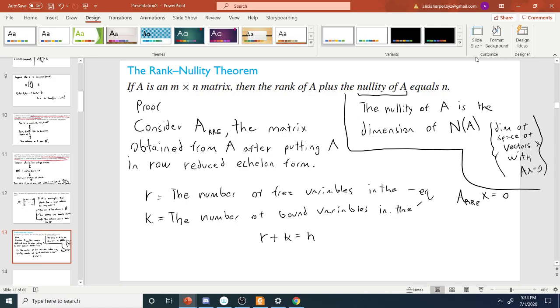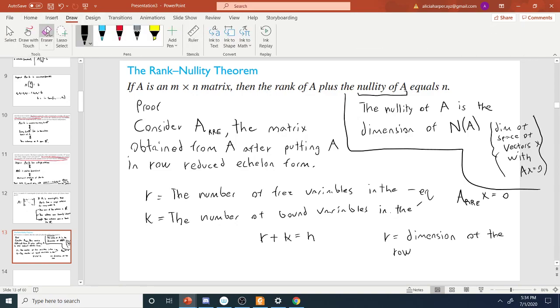Now, K is going to be equal to the dimension of the row space of A. Why is this the case?